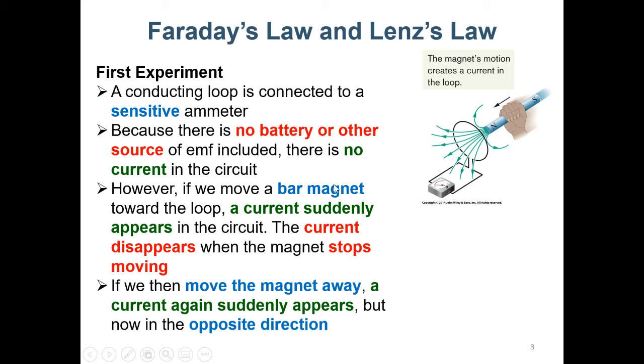However, if we move a bar magnet toward the loop, a current suddenly appears in the circuit. The current disappears when the magnet stops moving. So this is due to the movement of the bar magnet, not the existence of the bar magnet.